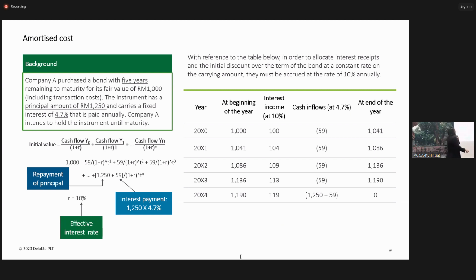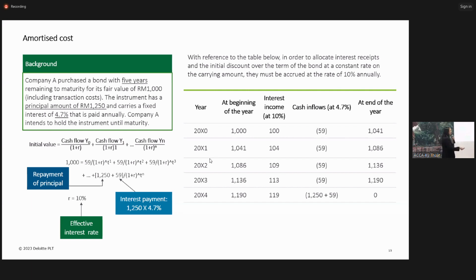Then this would represent your closing balance of the financial asset. So in the balance sheet for 20x0, initially recognized at fair value 1,000, I add 100 and credit interest income based on EIR. I receive the money, so I would credit this financial asset and debit my cash, and my closing balance for the financial asset becomes 1,041 as of end of 20x0.